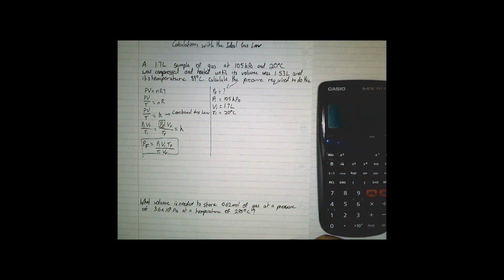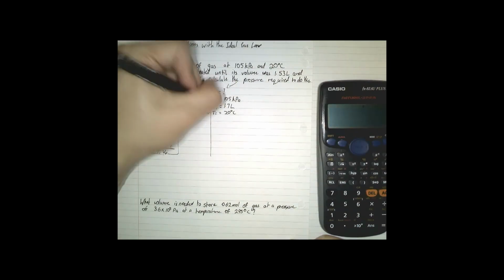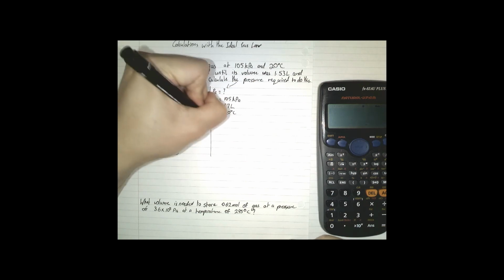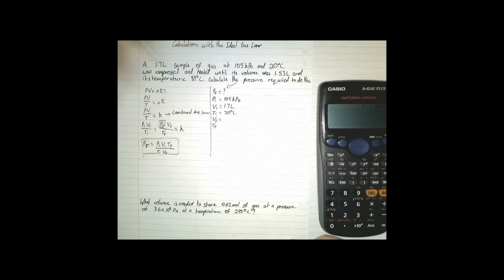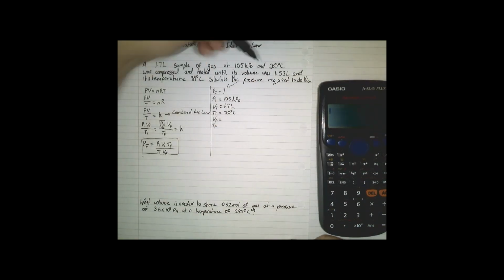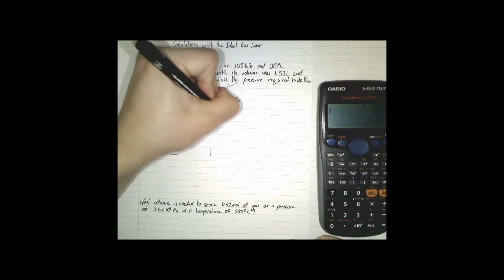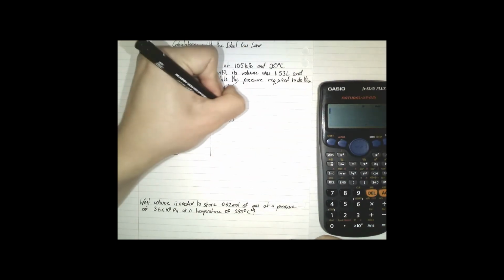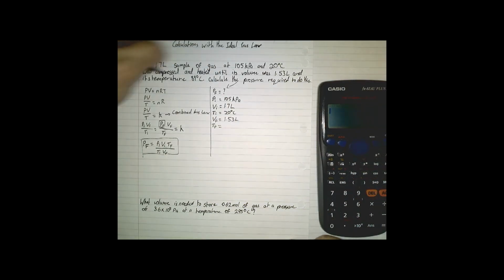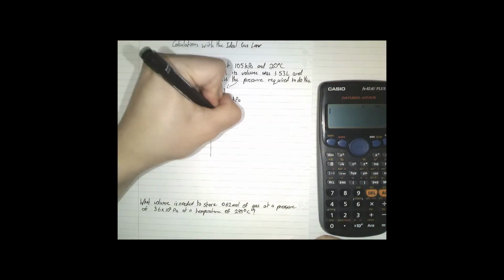Next, let's put in our final variables that we still haven't got yet, so VF and TF. It was said that it was compressed and heated. Its final volume is 1.53 litres, and its new temperature is 89 degrees Celsius.